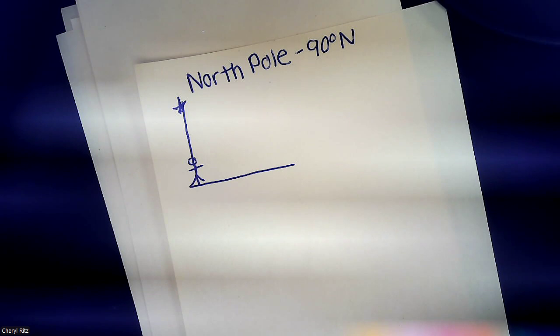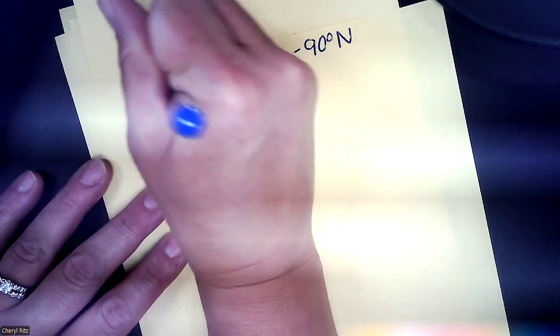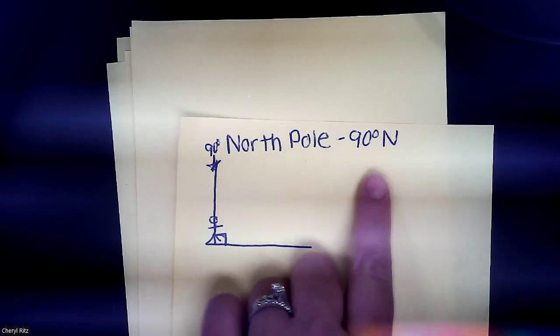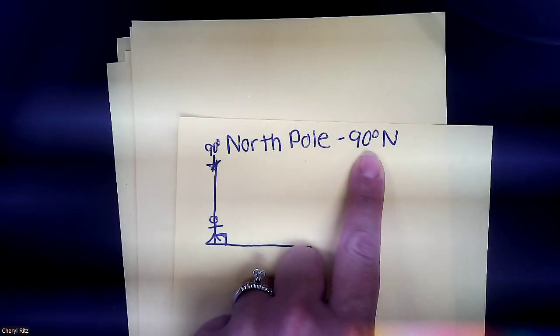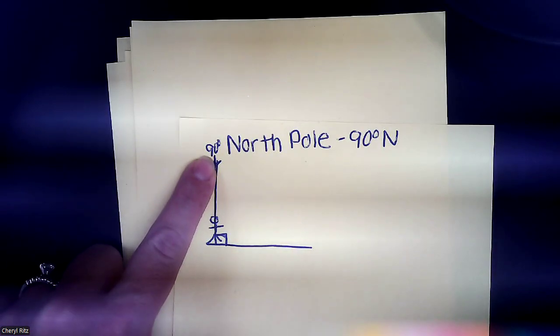What angle is that? If he's looking straight up, what angle is that? 90. So there's that 90-degree angle. Do you see the coincidence here? 90 degrees latitude, so 90 degrees north, and he sees the North Star at 90 degrees in the sky.